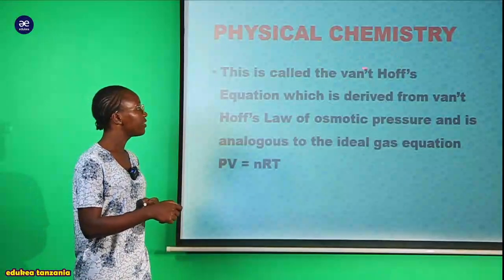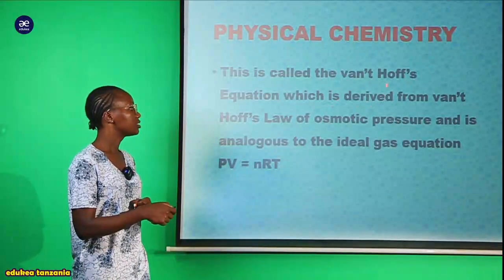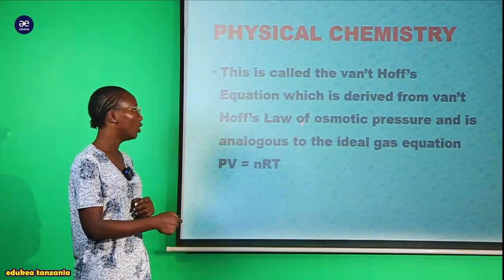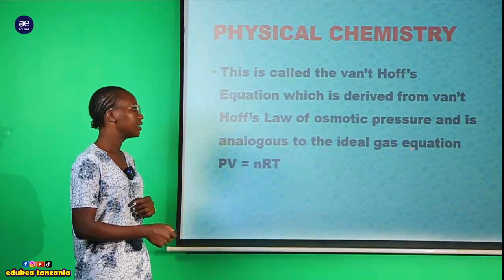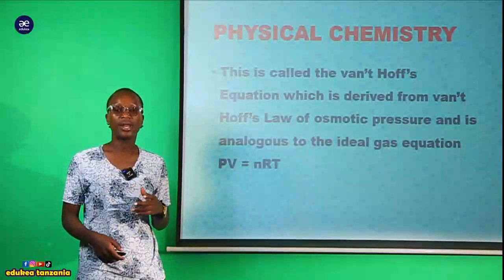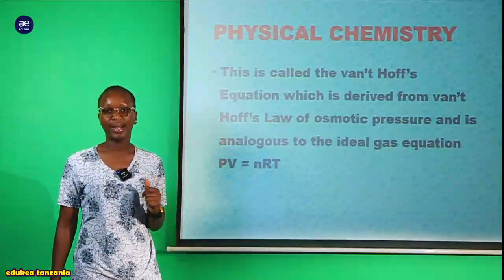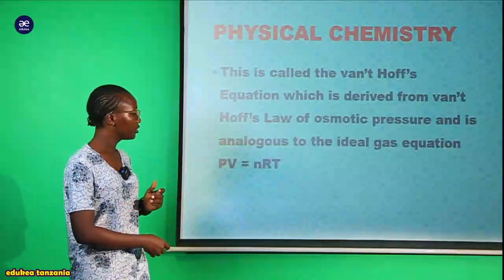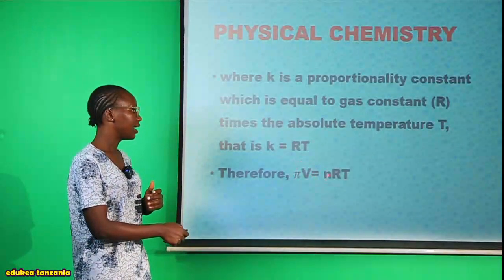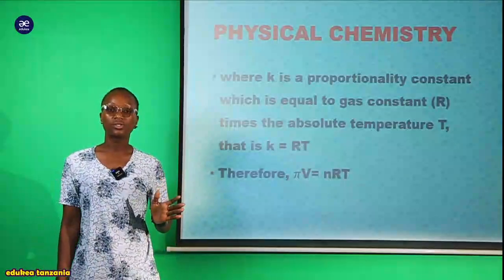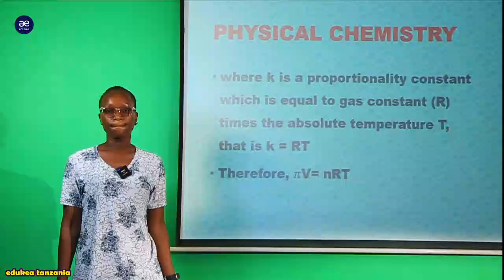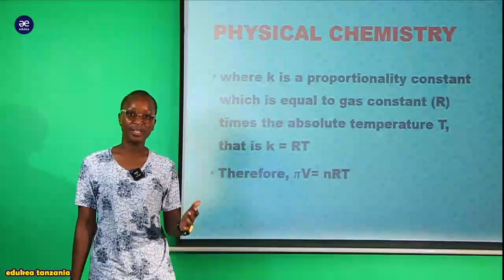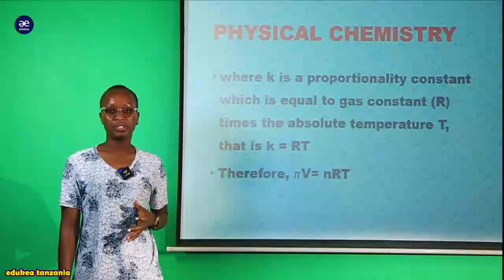So this is called the Van 't Hoff's equation, which is derived from the Van 't Hoff law of osmotic pressure and is analogous to the ideal gas equation ambayo is known as PV is equal to nRT. Sasa ukiona hii equation hapa ya pi V sawa na nRT, this is what is known as Van 't Hoff equation ambayo imekuwa derived kutoka kwenye Van 't Hoff law of osmotic pressure.